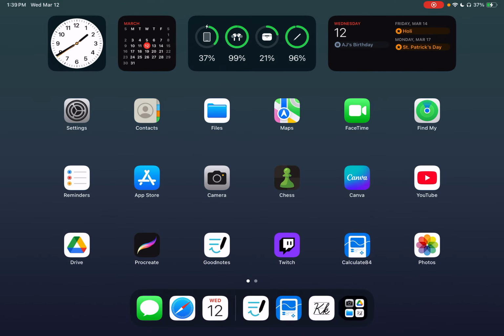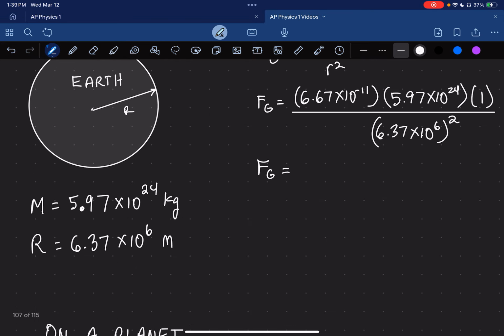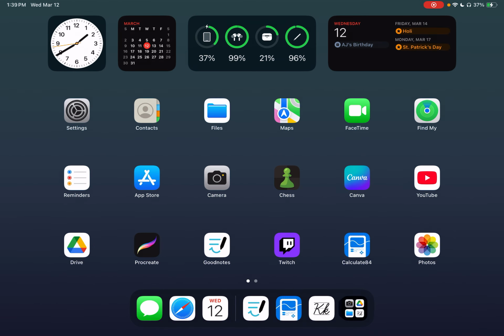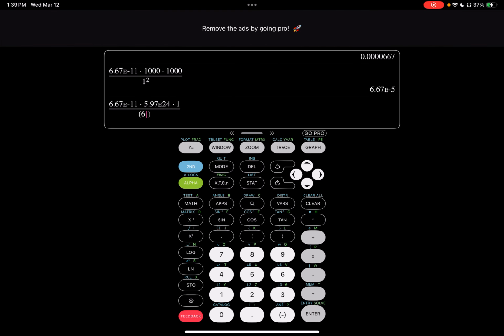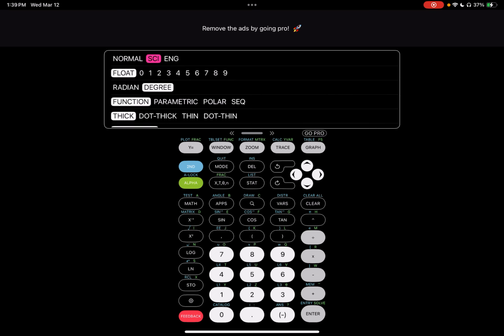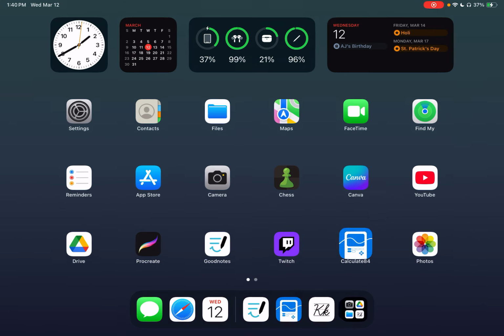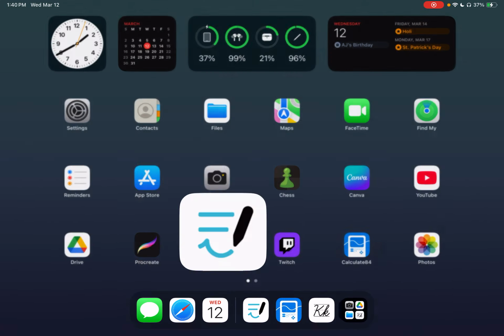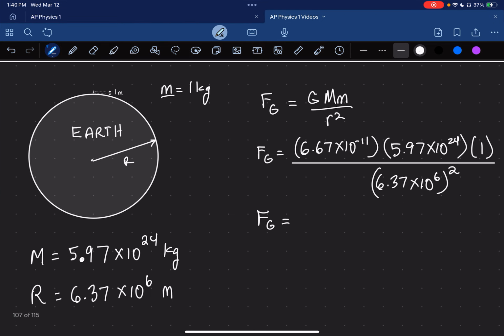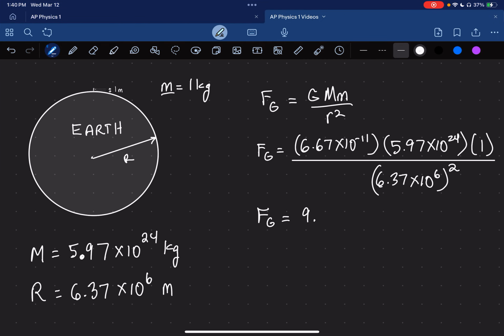And the distance between them is 6.37 E6, and that's squared. Oh, I still have this in scientific notation. Let's get rid of that. Just get a number, 9.81, which shouldn't be surprising anyway. Newtons.